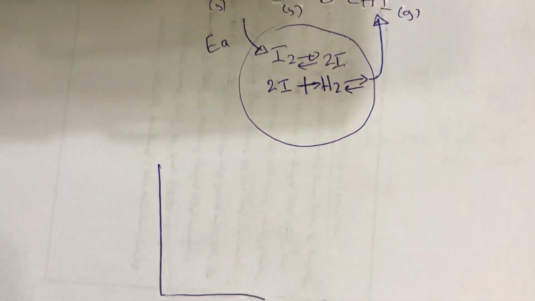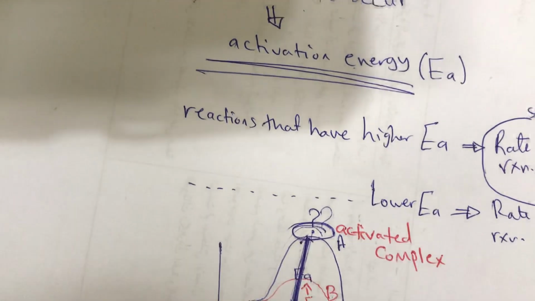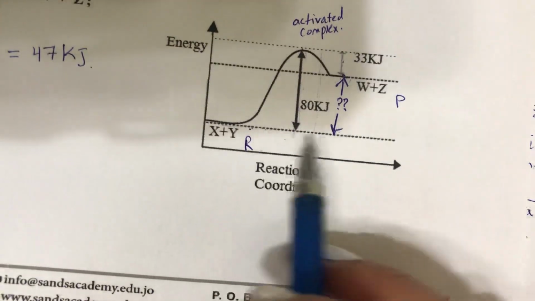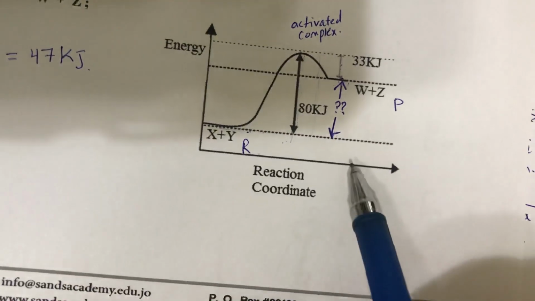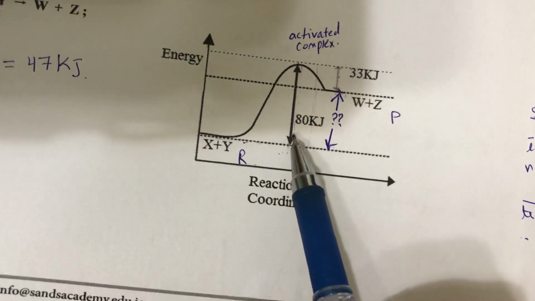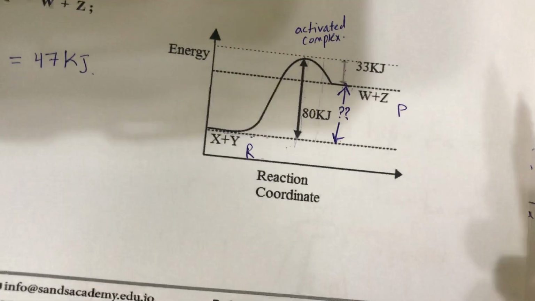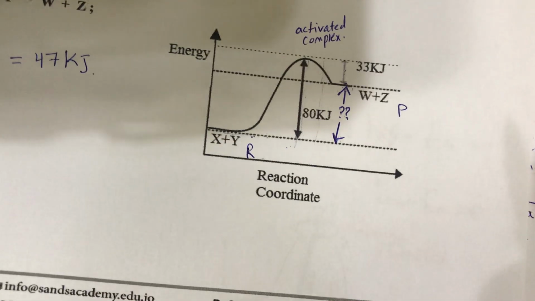And the last thing, here, if you have an energy diagram, the questions ask what is the activation energy for the forward reaction, what is the activation energy for the backward reaction, and what is the delta H or difference in energy.